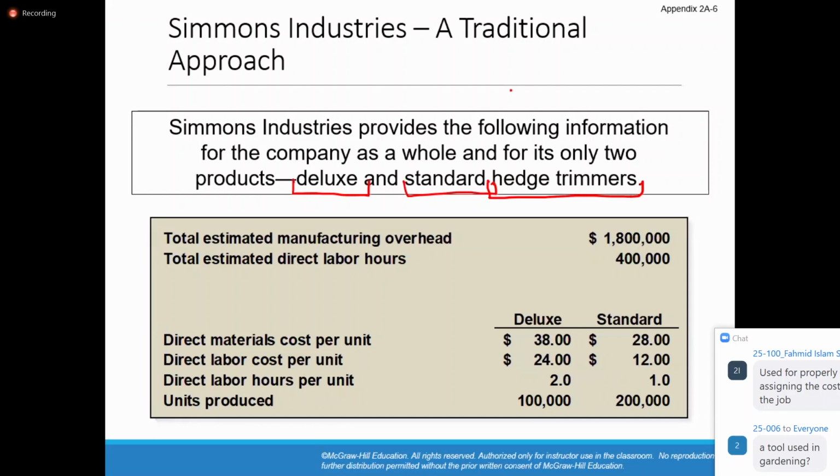How can it be a deluxe product, how can it be a standard product? That is interesting. And you know that deluxe and standard are used in service companies more clearly. Clearing overgrown grass. Yes, interesting. You have got it.